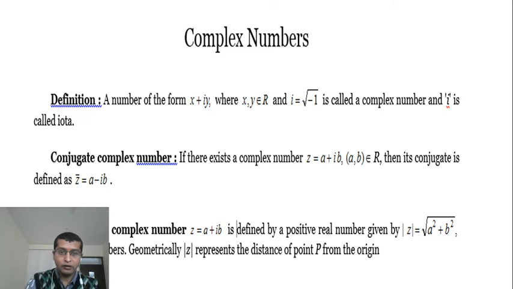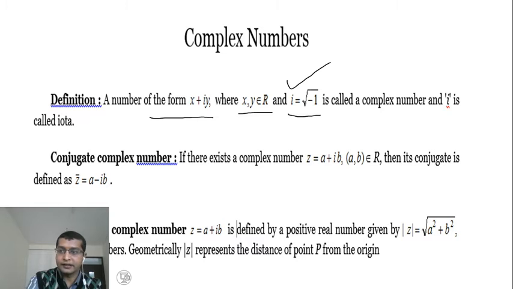A number of the form x plus iy, where x and y belong to the set of real numbers and i equals root of minus 1, is called a complex number. Generally we call it i, but its name is iota.